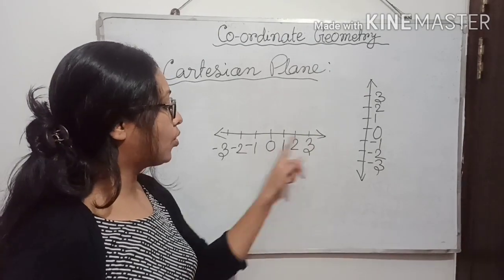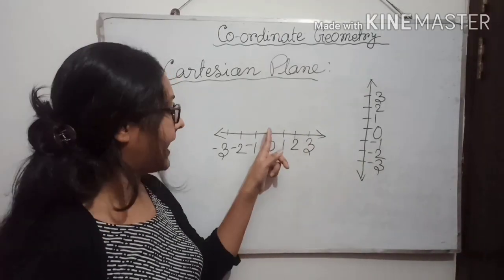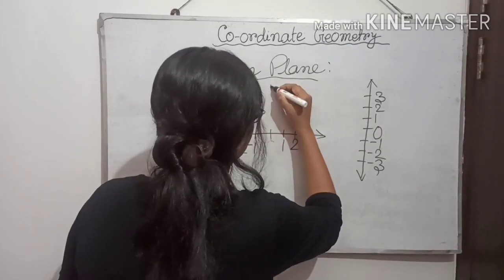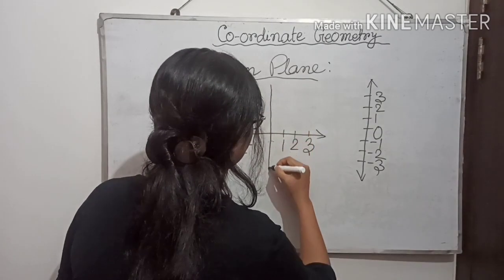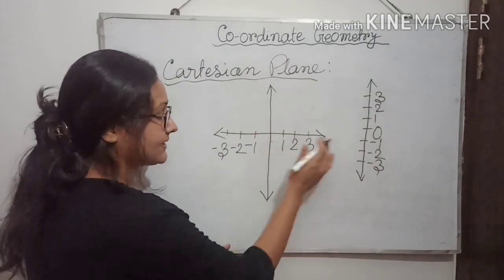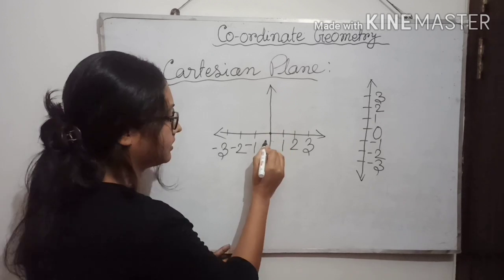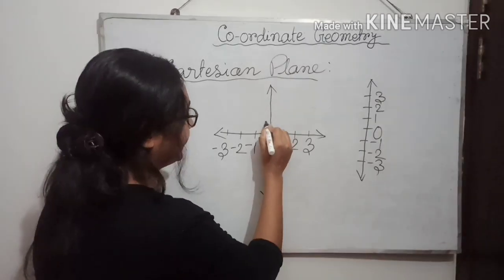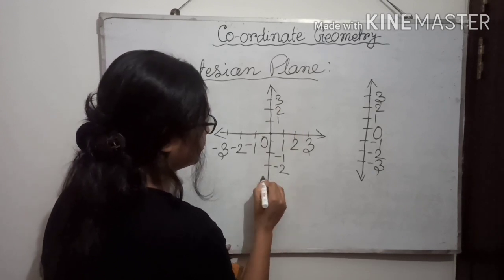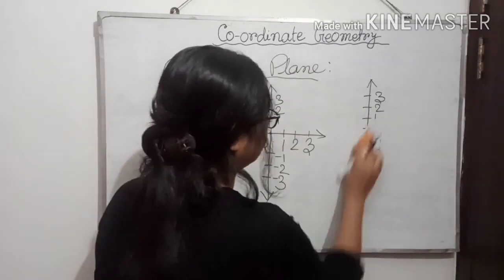Now we have to combine these number lines at their zeros in this way. So we join the horizontal and vertical lines at their zeros. So this is the vertical line, this is the positive 1, 2, 3, and this is the negative -1, -2 and -3. Okay.